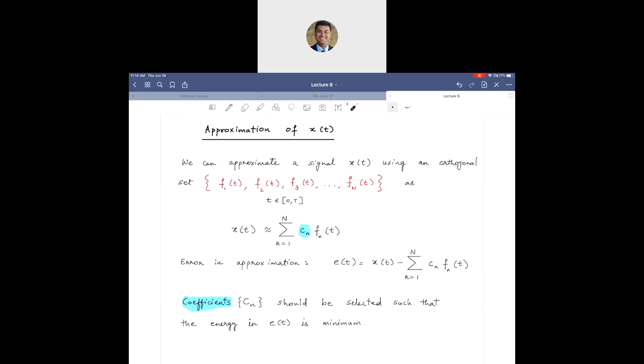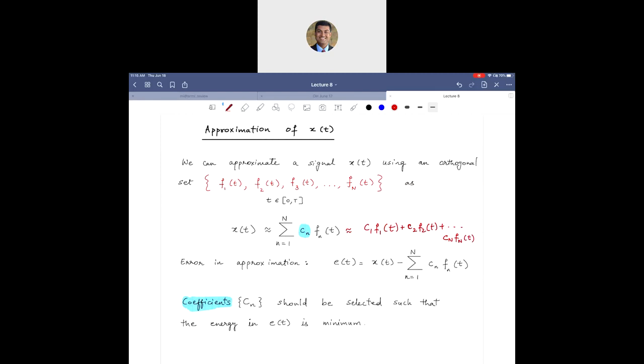So the claim here is I can approximate x of t as a summation of Cn multiplied by Fn of t, where Fn of t are signals that belong to this set. This can be expanded as C1 F1 of t plus C2 F2 of t, and so on, up to Cn Fn of t.